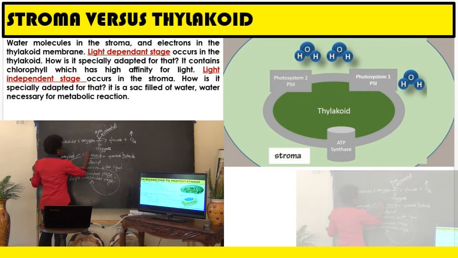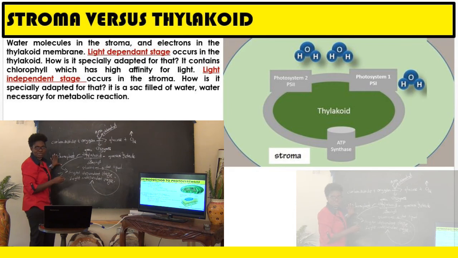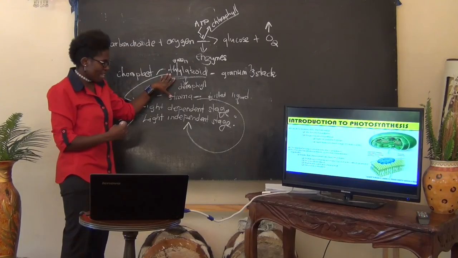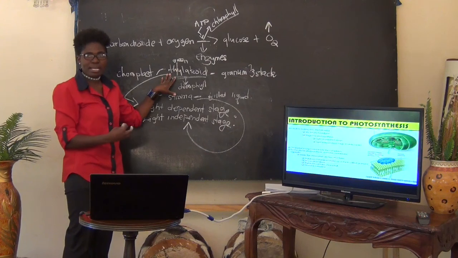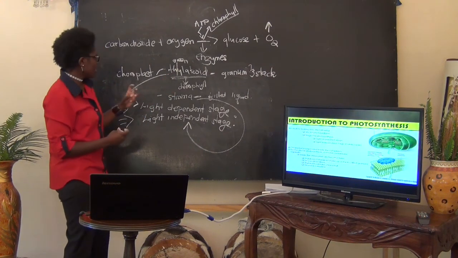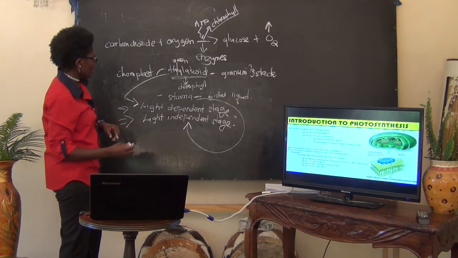You realize that it's got that green pigment known as chlorophyll. And what are the characteristics of the green pigment? You realize that chlorophyll has got a high affinity for light. So thylakoid, the structure, its main function has got to do with trapping light. And whatever happens after it has trapped the light is what we are going to know about.